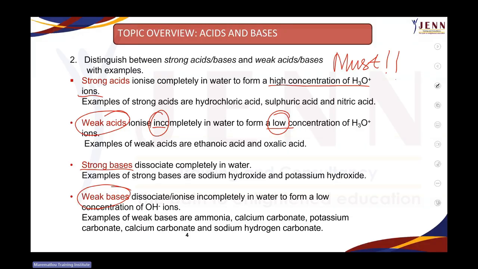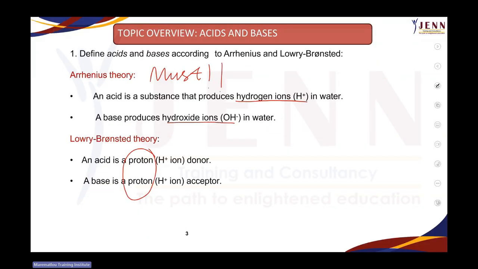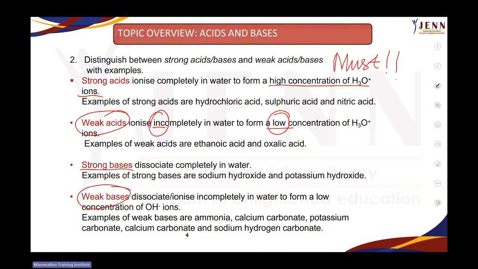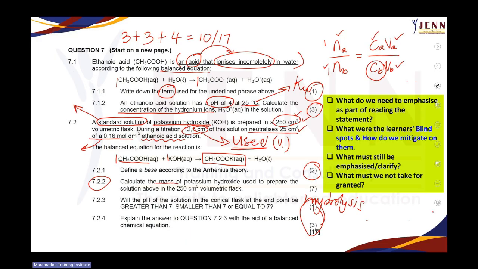This is a must know, meaning this definition is a must know, and these definitions are a must know. If we go back to our first slide, the first thing they asked us was exactly that, to define an acid. The second thing they also asked us was to define a base.